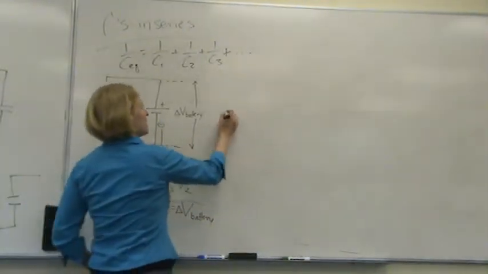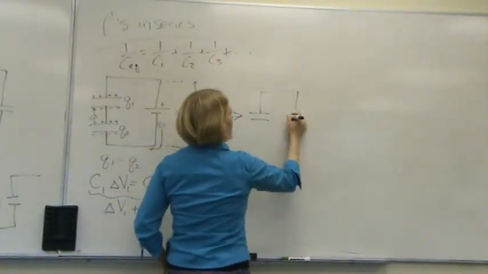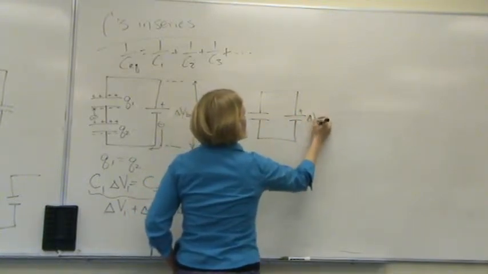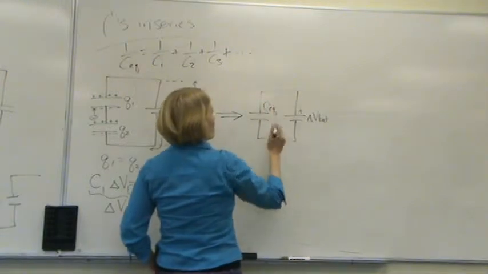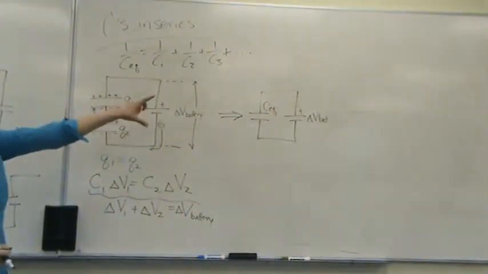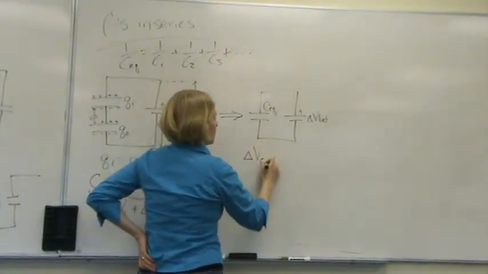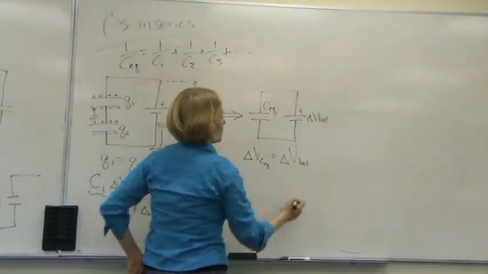If we replaced this whole thing with an equivalent capacitor and the battery, then delta V of the equivalent capacitor would have to be the same as the potential difference across the battery.